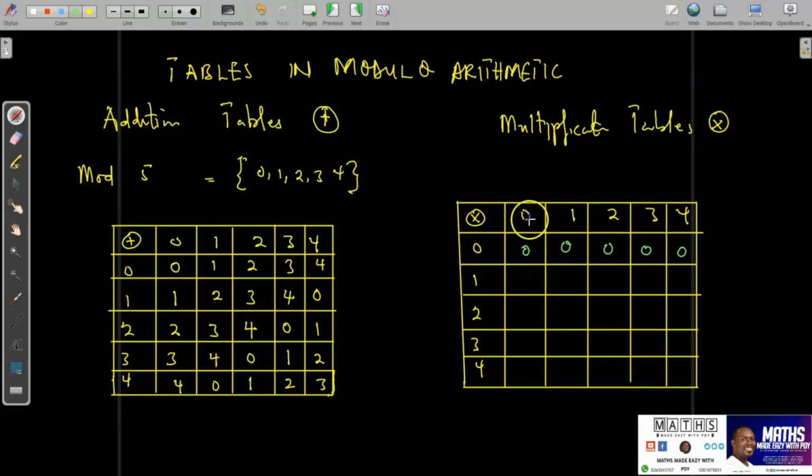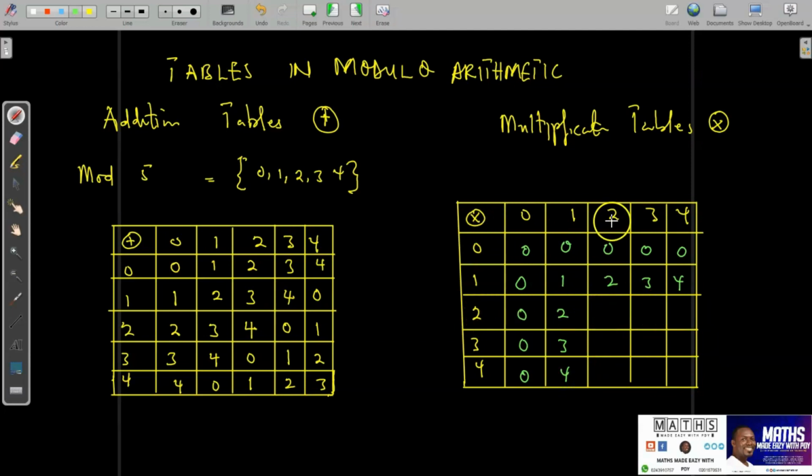So 1 multiplying 0 gives you 0, and 1 multiplying 1, we have 1, 2, 3, and 4. Now, the same entries will be here. 0 multiplying any entry is still 0, so we have zeros here. Then 1 multiplying any entry gives us the same number, so we have 2, 3, and 4.